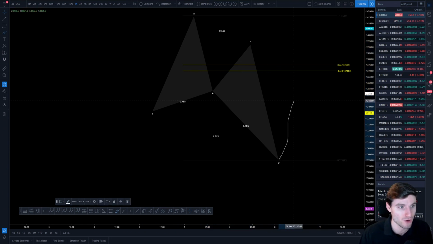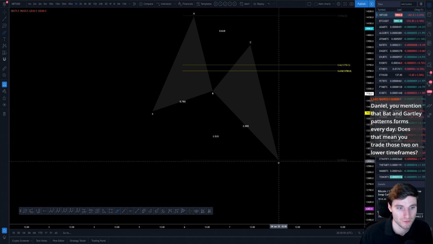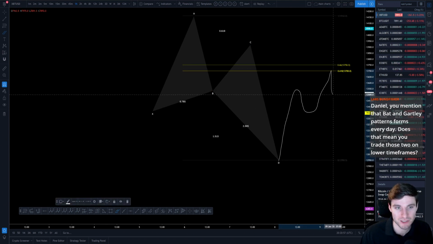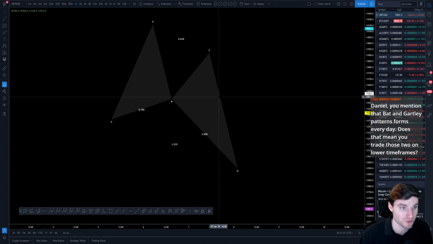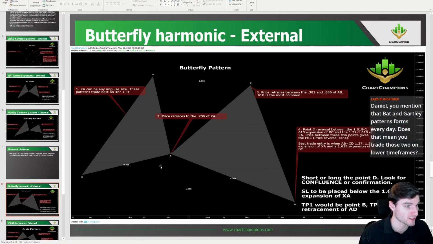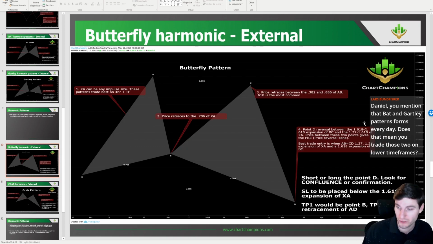So you could look for take profit 1, take profit 2, or take profit 1, let the rest run and trail with higher lows. It's another example of how you could do this. Moving on, everyone fully understands that one, yeah?